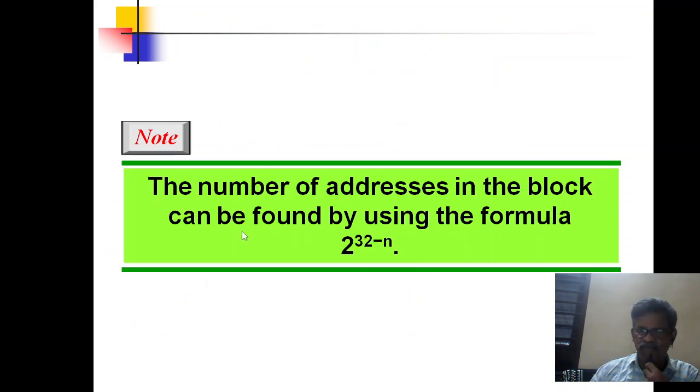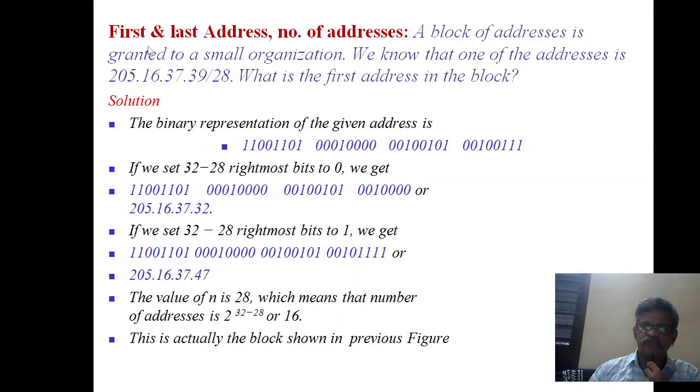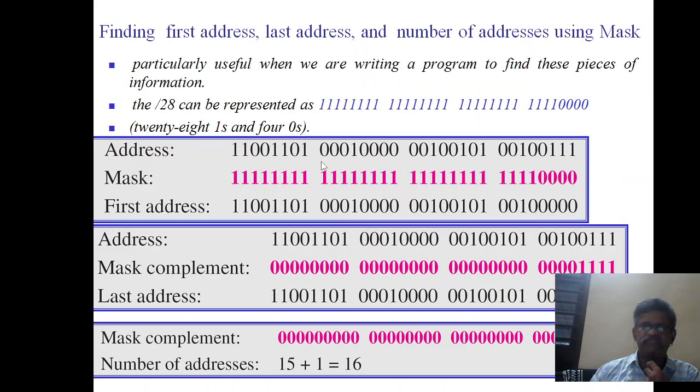And the number of addresses is 2 raised to 32 minus n, where n is 28. 32 minus 28 is 4. So just knowing the mask and one of the addresses, you can find the first address, last address, and number of addresses. So this is finding the first address, last address, and number of addresses using the mask. We didn't use the mask before. Particularly if you are writing a program on a computer, how will that computer find out?